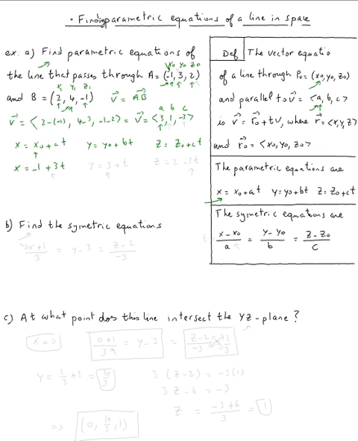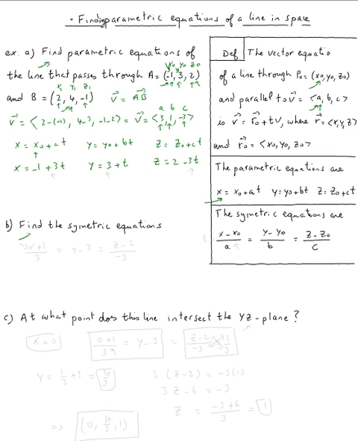My y0 is 3, so y = 3 plus bt, b is 1, so 1 times t is t. And z equal z0, which is 2, plus c, which is -3, so plus -3t. Alright, so those are the parametric equations.